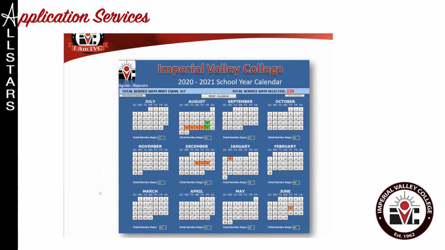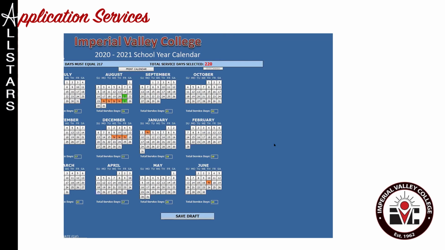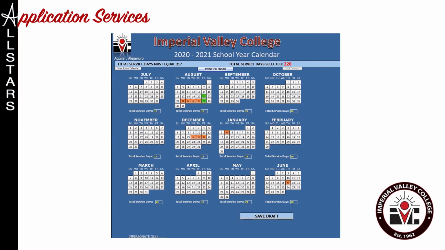This takes a little bit of time to load, so I preloaded it, and it's here. In this case, I have my calendar already started. I have to work 217 days. Right now, I am at 220. So I still have to select 3 more non-service days in order to reach the 217.